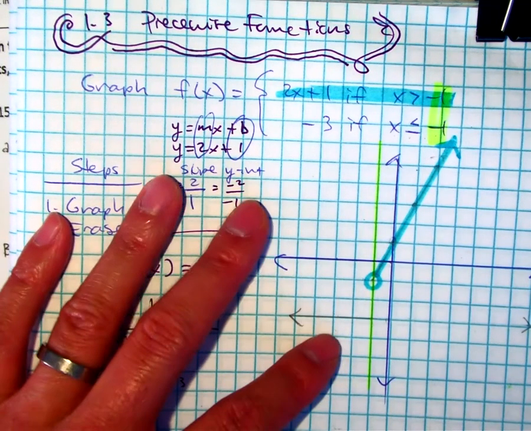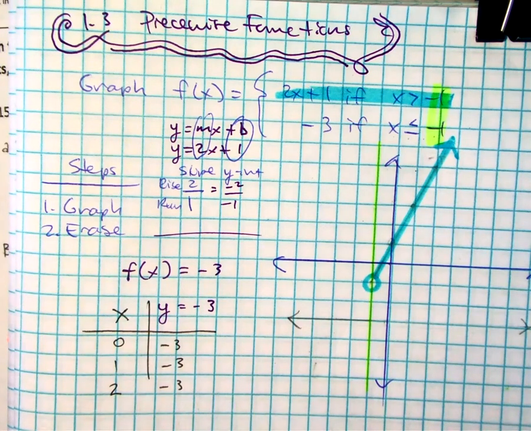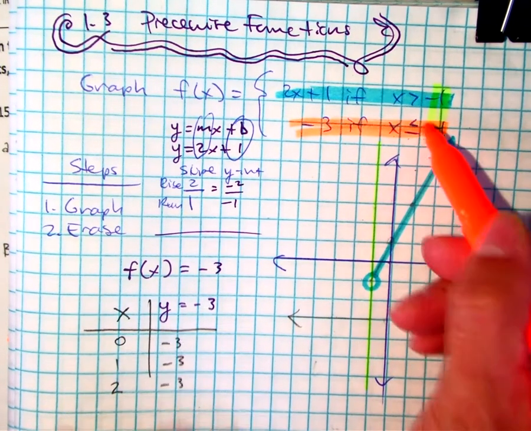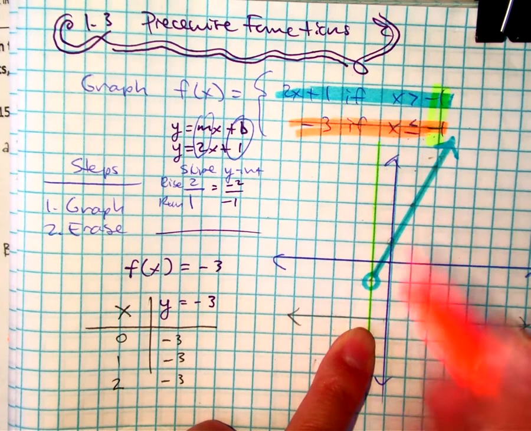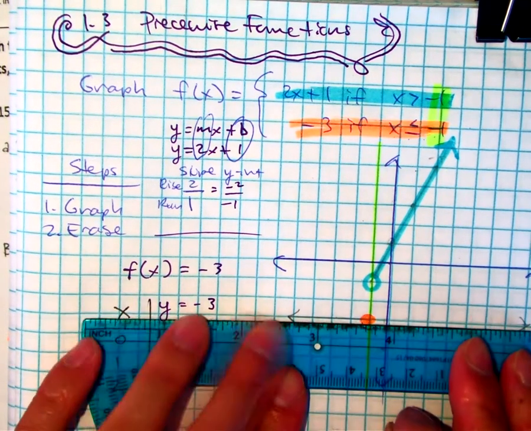Pick your favorite color. Orange. And at the boundary, this will be a closed circle. It's a closed circle because it has equal to. I'm going towards the left.